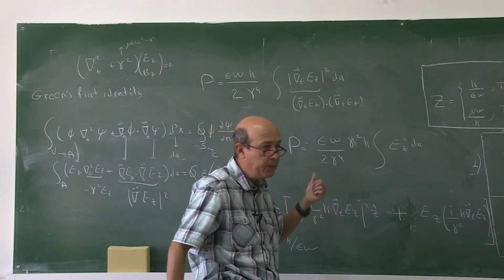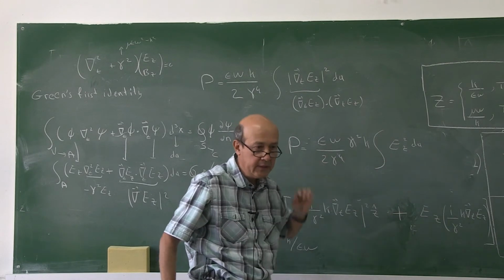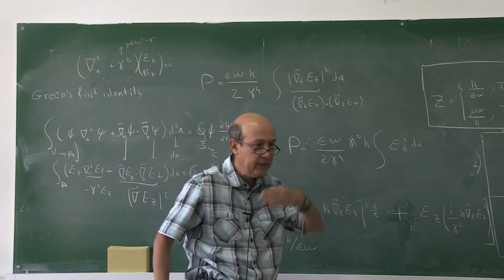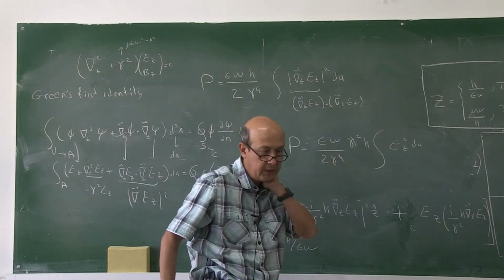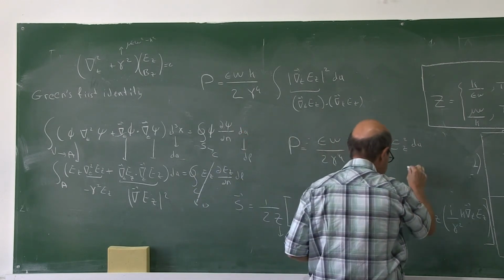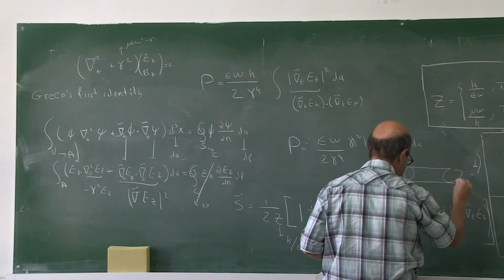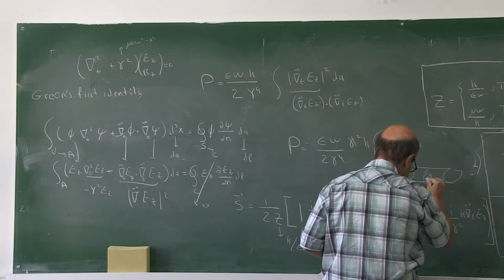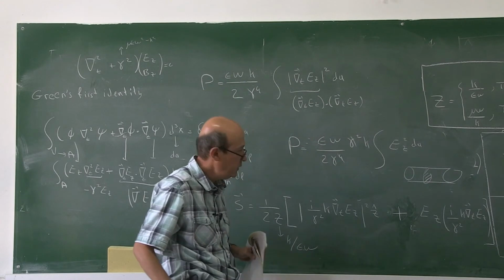Basically, transmitted power is related with the z component integrated over the cross-sectional surface area of the waveguide. Cross-sectional surface area means this. This is the waveguide, and this is the cross-sectional area. We have to integrate through the area.